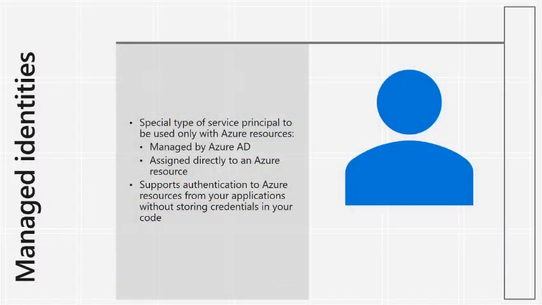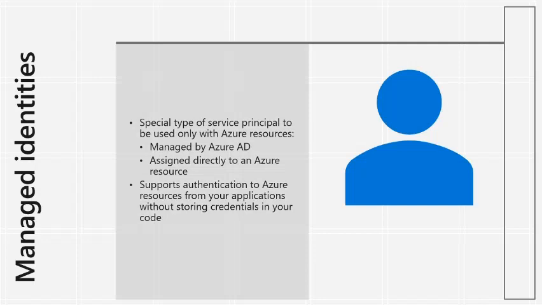Same way, managed identities. Managed identities are service principals that you assign to an Azure service. Azure AD automatically manages these identities. You can use a managed identity to authenticate to any service that supports Azure AD authentication, including Key Vault, without adding any credential in your code.